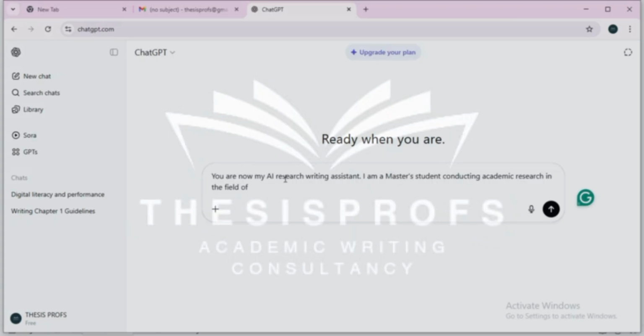You are now my research writing assistant. I am a master's student conducting academic research in the field of, let me use education. Need I say again, whether you are a medical student, a science student, whatever field of study, you can just put it there.